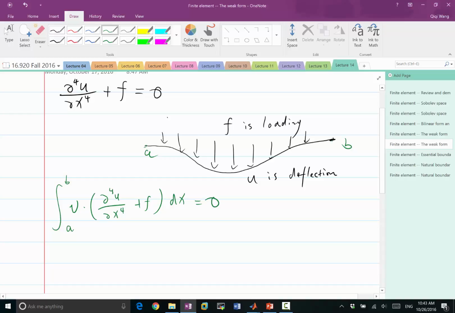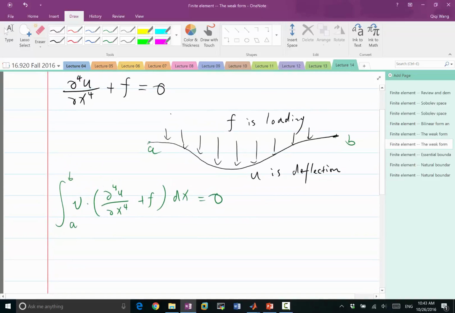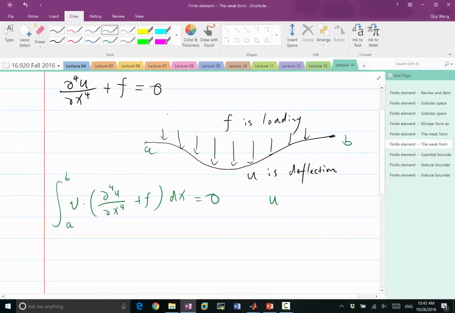Or it can be clamped, which means u and the first order derivative have to be 0, which means the slope has to be fixed. So for example, let's use the example of u and the u derivative both equal to 0 at 0 and 1, or at a and b.